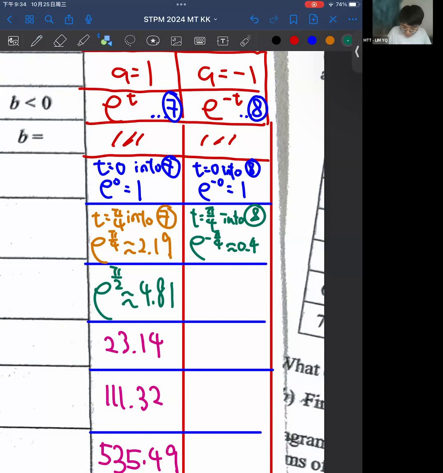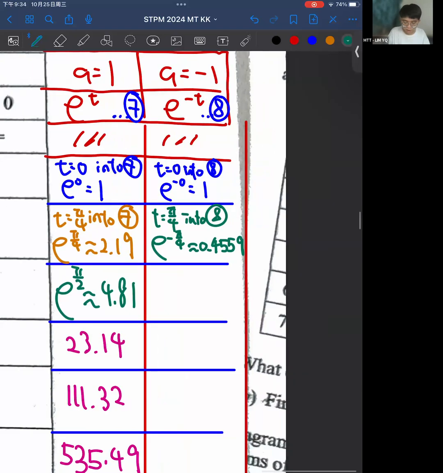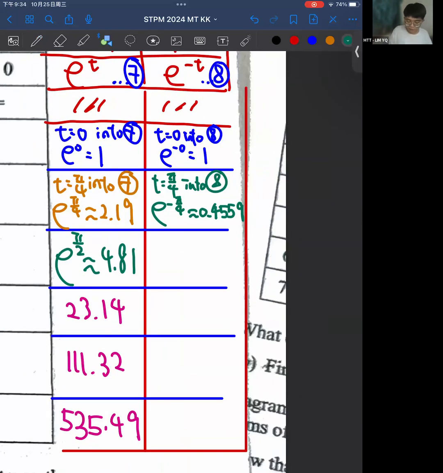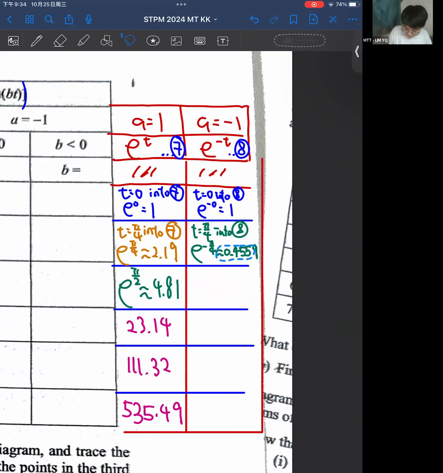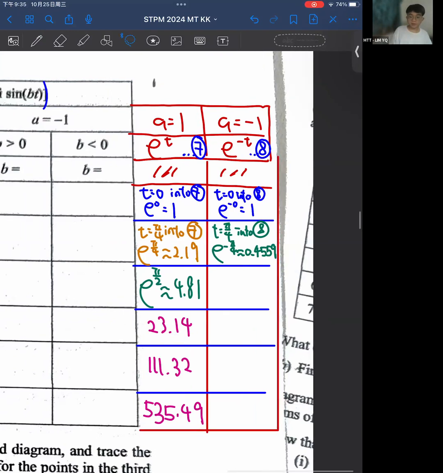I think this one you may give more, because later you will find that it is very, very small. So I give 4 decimal places. Find the rest of it by yourself. I only show until here. Now I want to continue already, because I have no time.